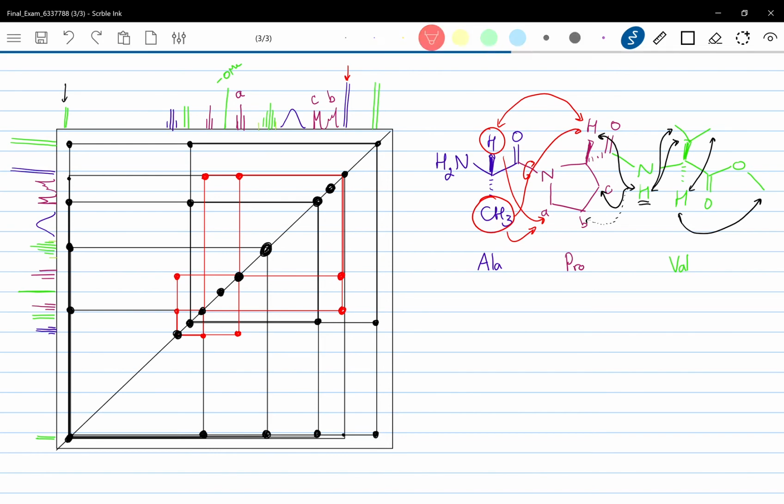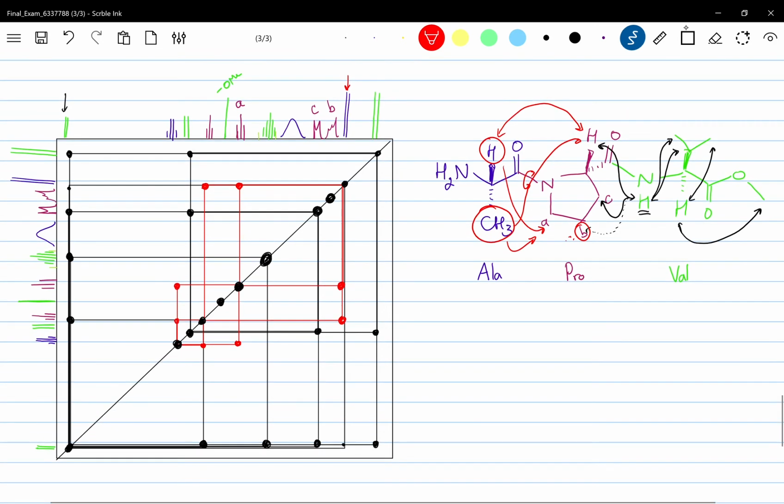Right. And apart from that, we might be able to see some correlation between B and both the methyl group and the alpha proton of alanine, but a weak one, of course.